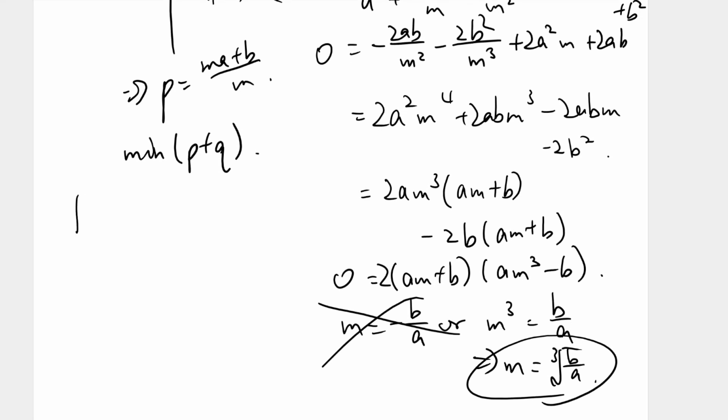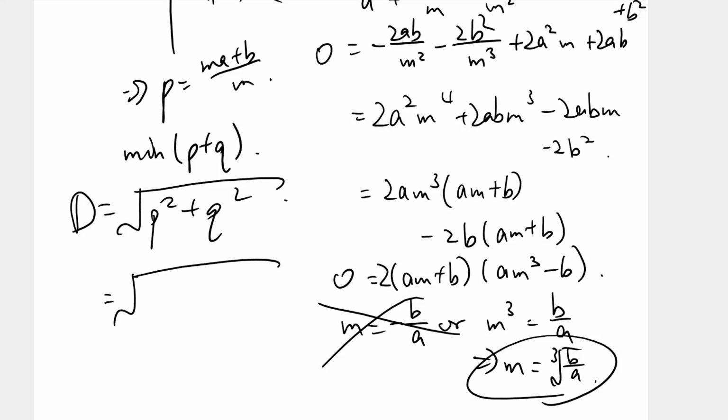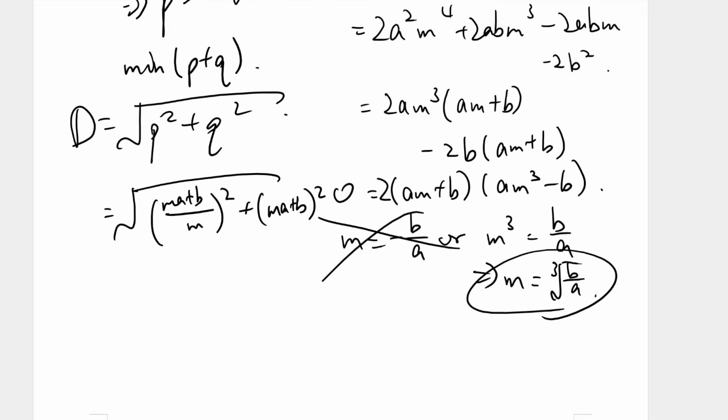So what was the distance we had? The distance was the square root of P squared plus Q squared. What was my P? MA plus B, all over M, squared, plus (MA plus B) squared. Just put in the M with care, then you will be fine. Step by step, slowly.